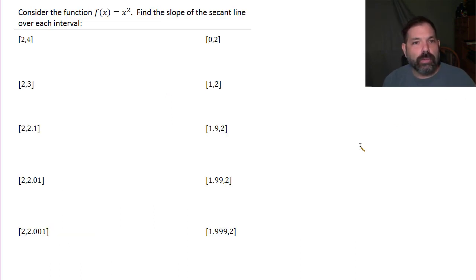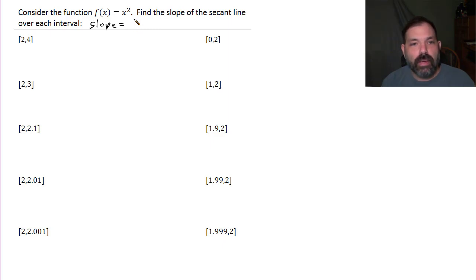Let's consider the function x squared. Simple, right? Basic quadratic function. Let's find the slope of the secant line over each interval. If you remember back from beginning algebra, the slope is not a difficult concept anymore. We know that the slope is a change in y over a change in x, a rise over a run.